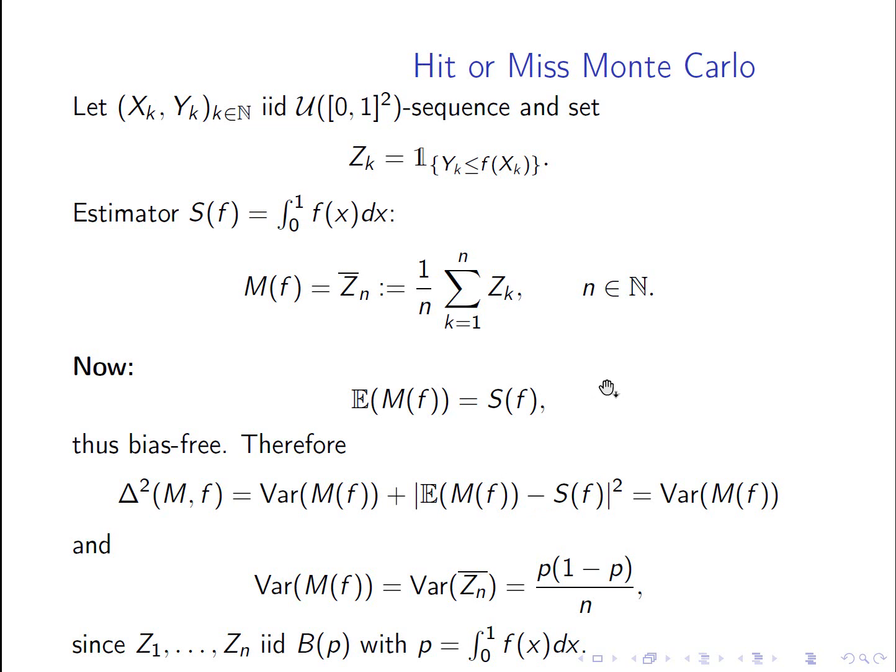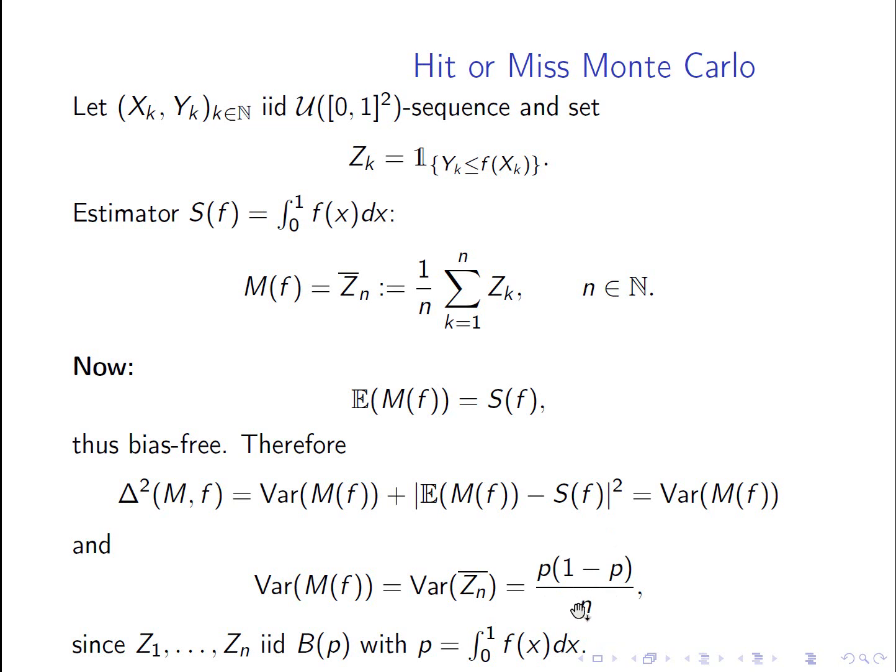And what is the variance of M of f? Well, that's the variance of one Bernoulli random variable with success probability p, and this is p times 1 minus p, and as always we have to divide by n.